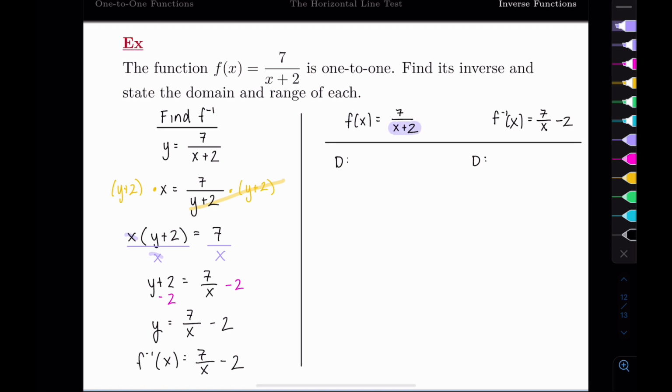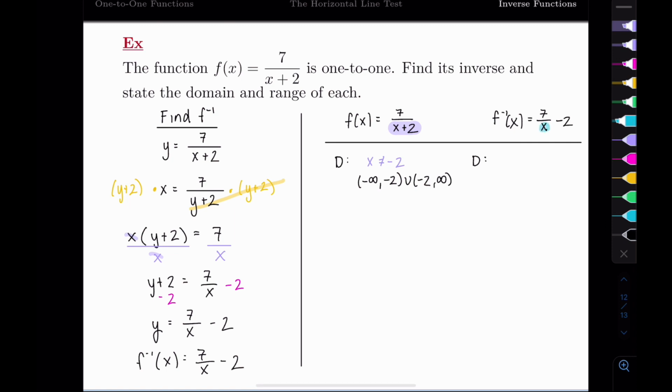So for this first function, we run into a bit of a problem when x is negative 2. So that value has to be excluded from our domain. So in interval notation, the domain would be negative infinity to negative 2, union negative 2 to positive infinity.